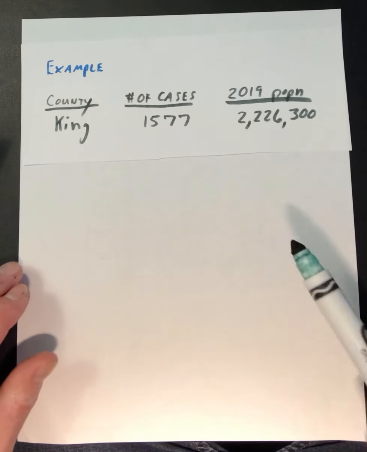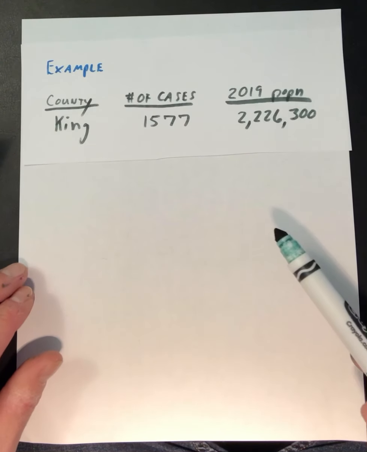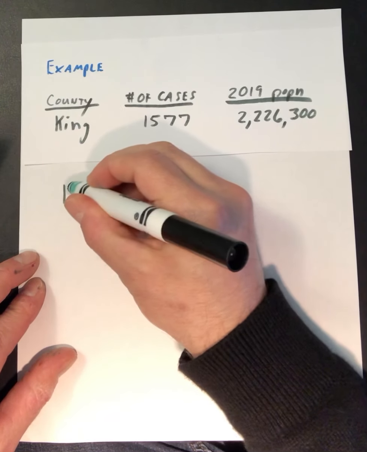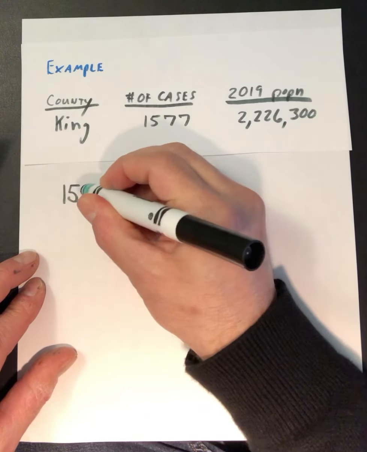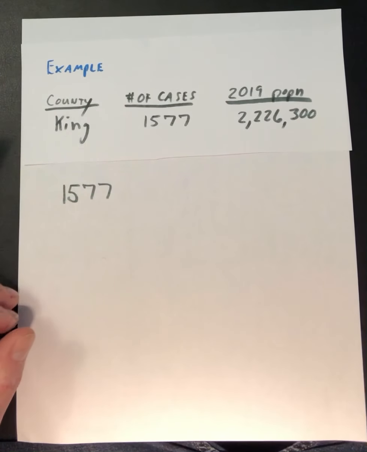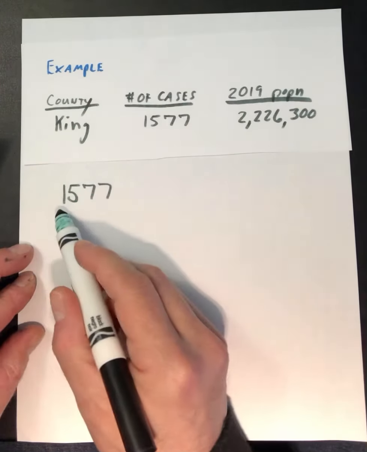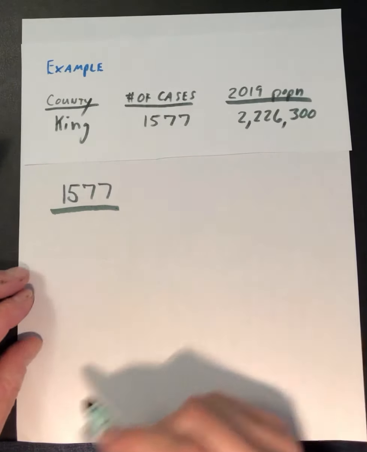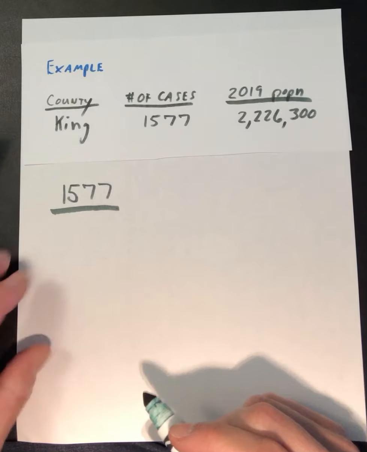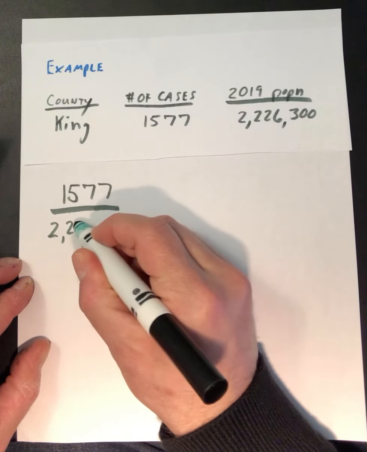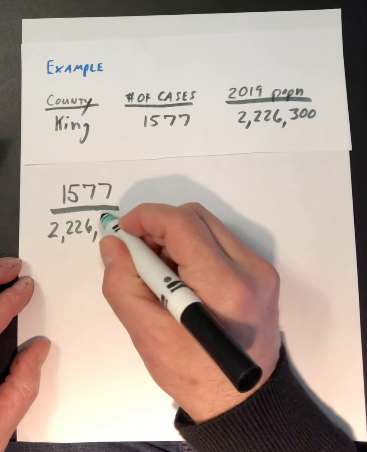First off, it's the number of cases. In this case, they have 1,577 cases. By the way, I recommend writing these down for practice. Then over here, we are going to have the actual 2019 population, which is 2,226,300 people.